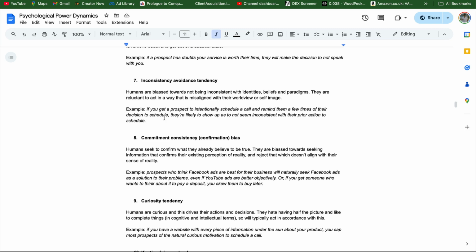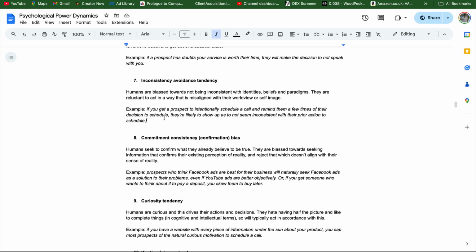So if in your reminding sequence you have something where you're reminding them of their decision to schedule, then they're way more likely to show up, because otherwise, think of it from their perspective, right? Like, oh my God, I made the decision to book this call and to show up for this call.